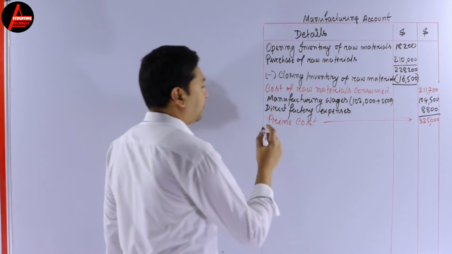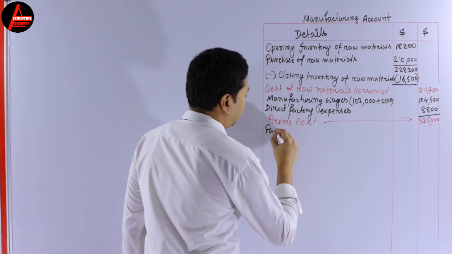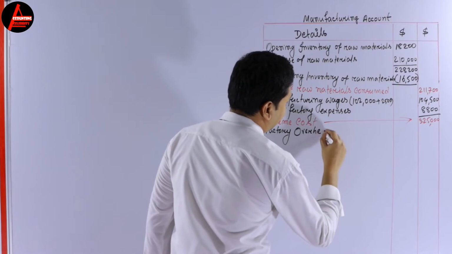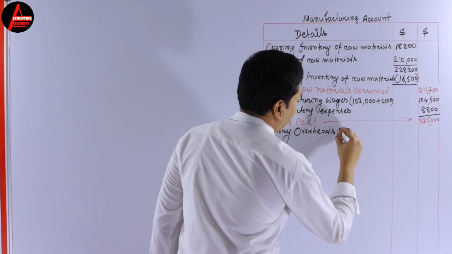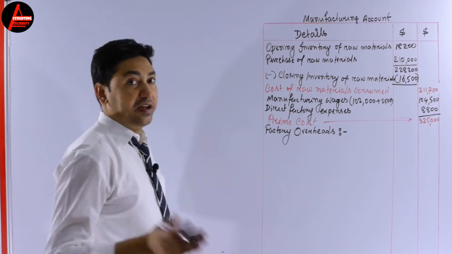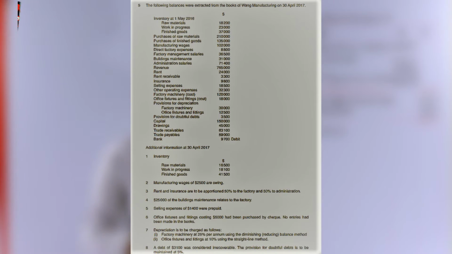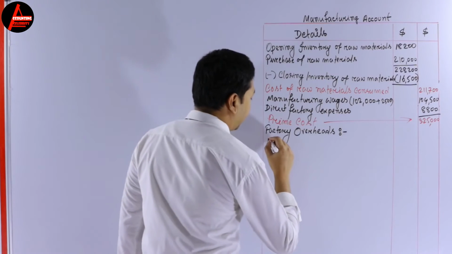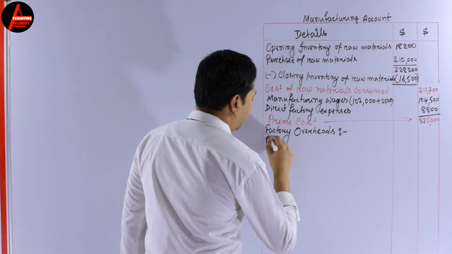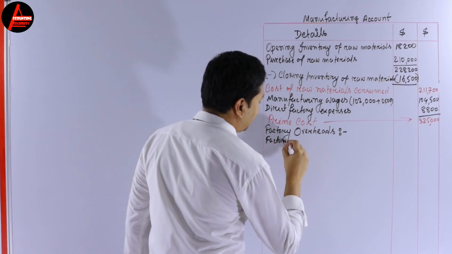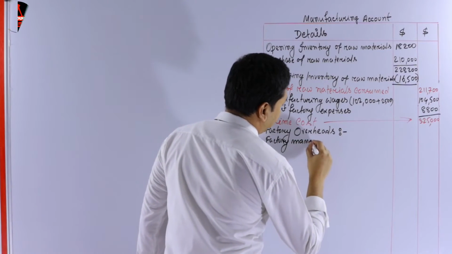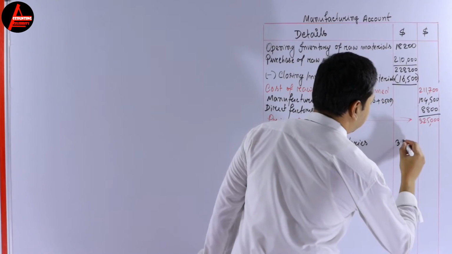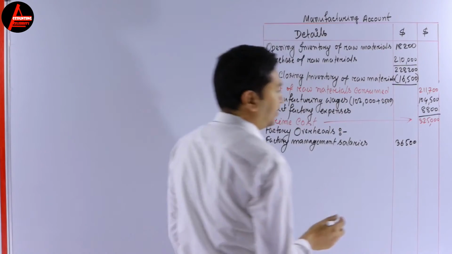So let us write here factory overheads. Now look at the question here. Factory management salaries. Yes, it is factory overhead. So right here, factory management salary, it is $36,500.